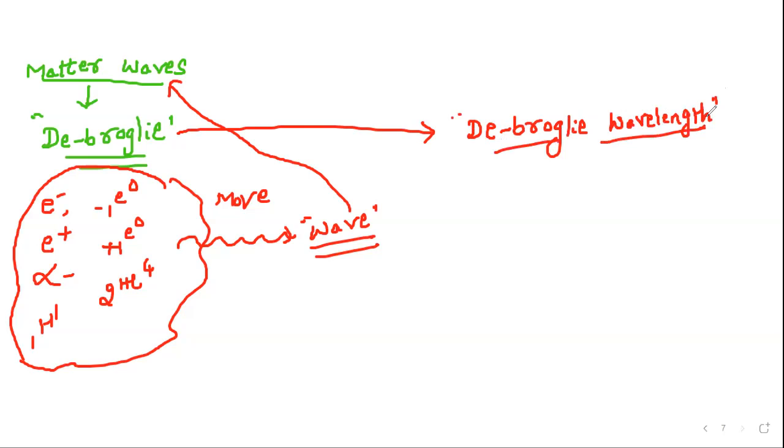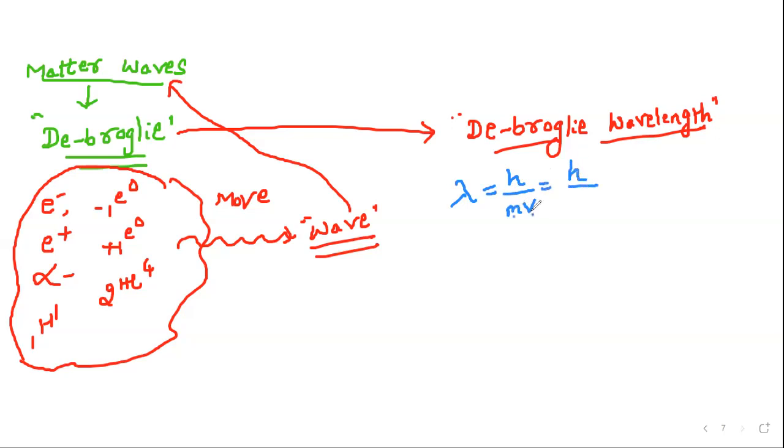It is the one associated with the matter waves. And please remember the different formulas for the de Broglie wavelength. The formula is lambda equal to h divided by mv, where h is Planck's constant, m is the mass, and v is the velocity.